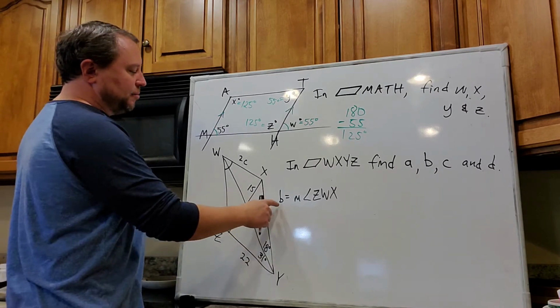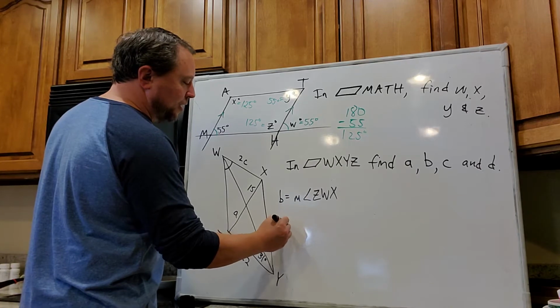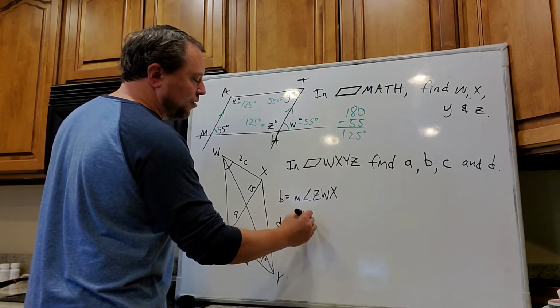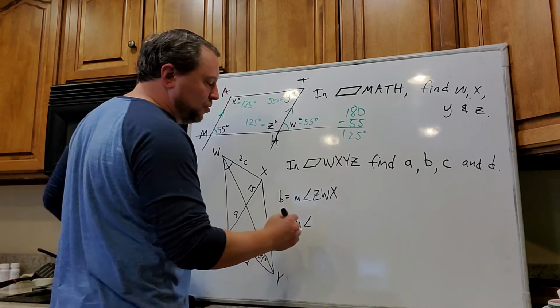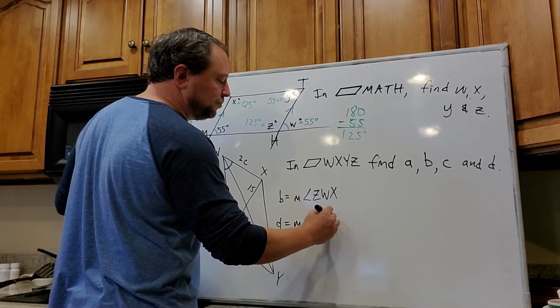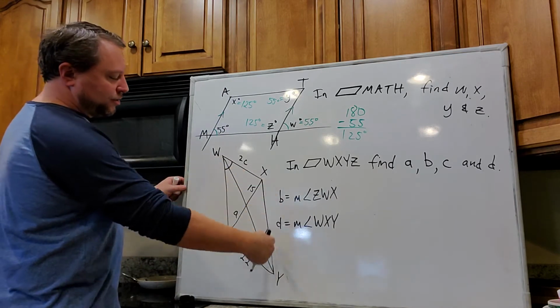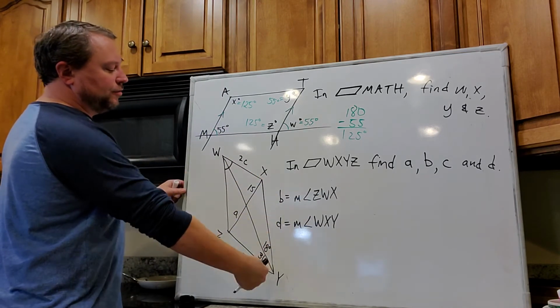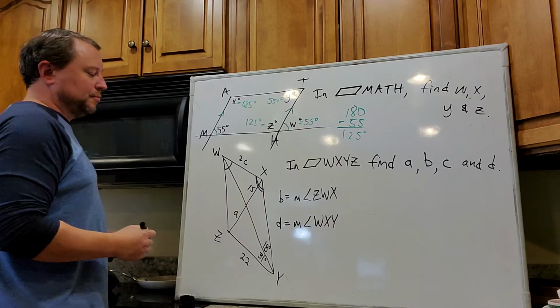So A is that, B is that angle, C is there. D that we're going to find is going to be another angle as well. D is going to be the angle WXY. WXY, as you can see, if you follow the letters, is that entire angle there.